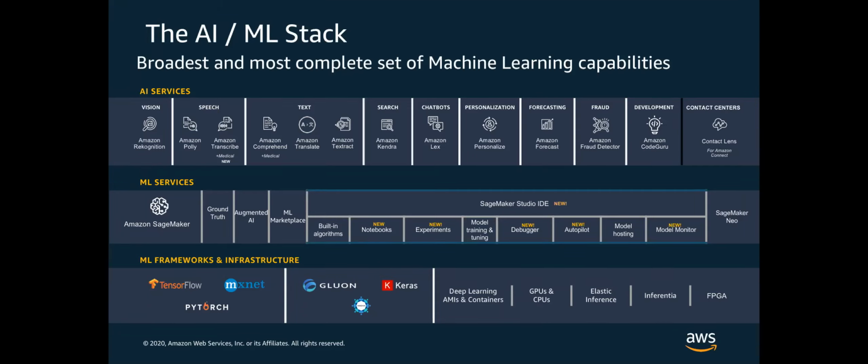But before I jump into that, I just wanted to quickly start with the AI/ML stack, which I'm sure many of you are familiar with and have probably seen from other presenters in some of the other sessions from AWS. The AI/ML stack at AWS has three layers.